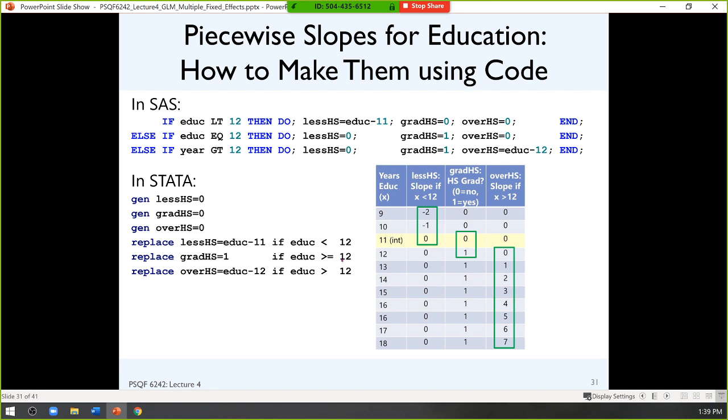If somebody is greater than or equal to 12, then I want the second one to change to a 1. So that picks up these two right here. And then if they're greater than 12, the last one is going to pick up how much more they have than 12. So it looks a little different, but it's doing the same thing.